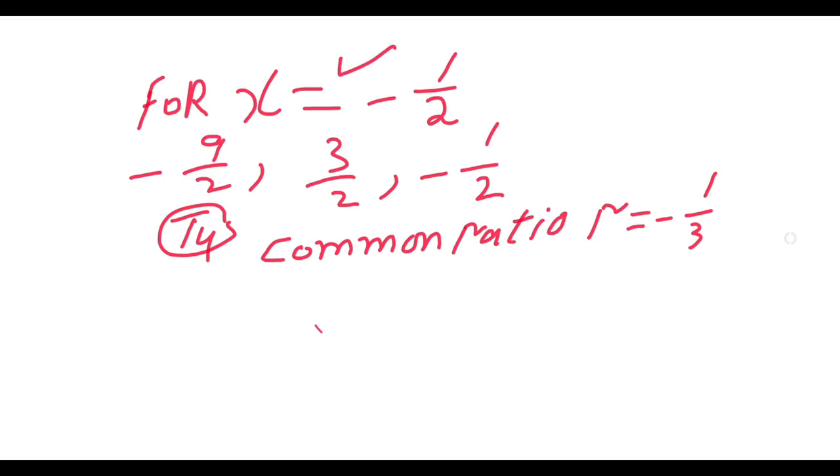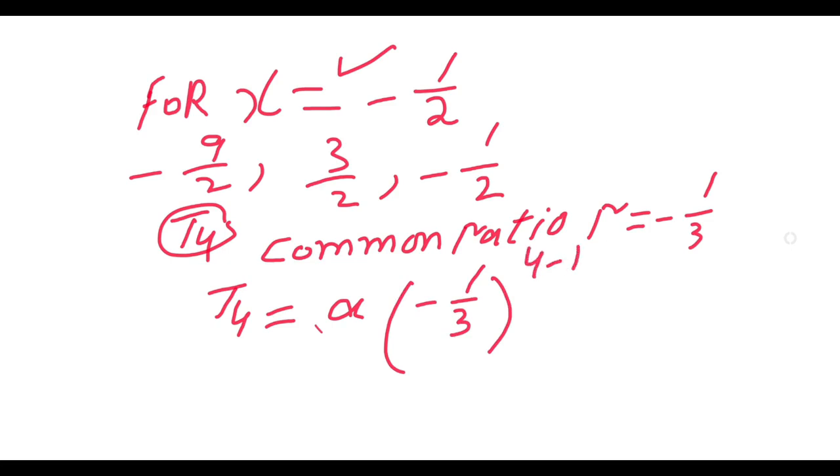So I'm going to put term 4 into the general term formula: a, negative 1 over 3 the ratio I have, and 4 minus 1 because n is equal to 4. So T4 we already got is negative 9 over 2.